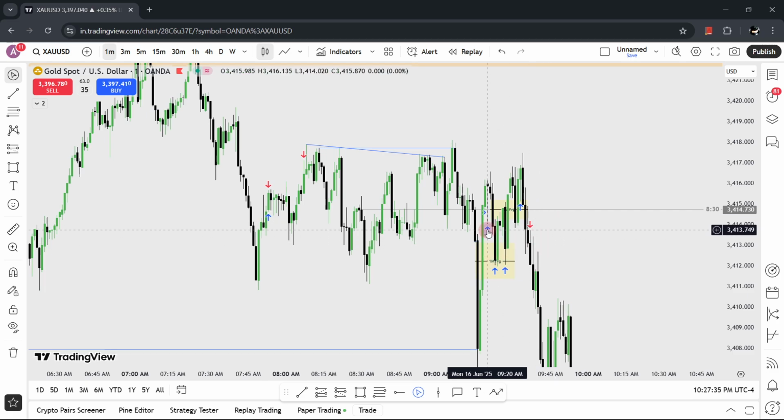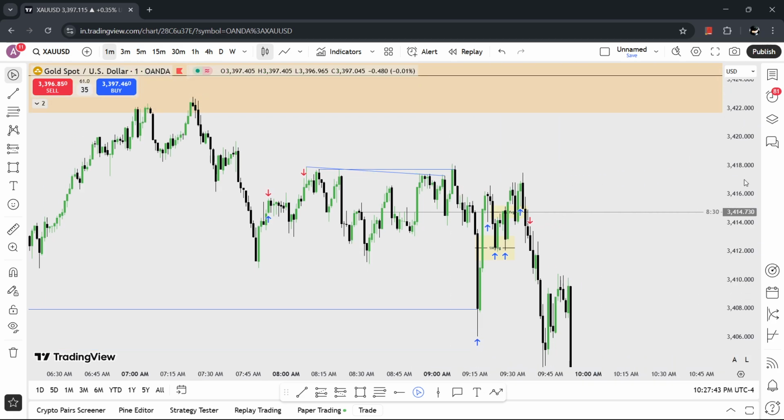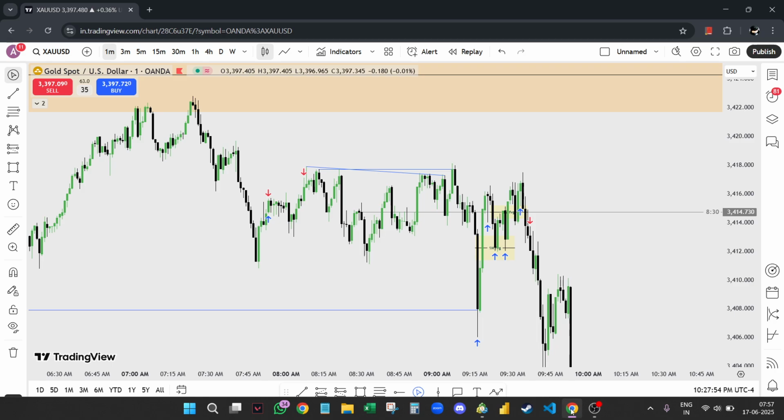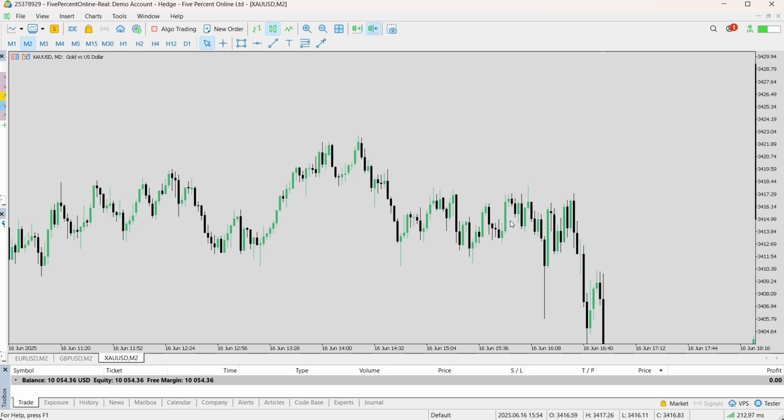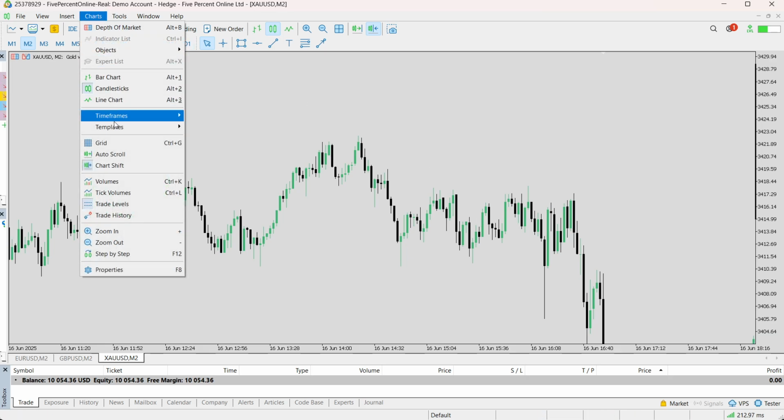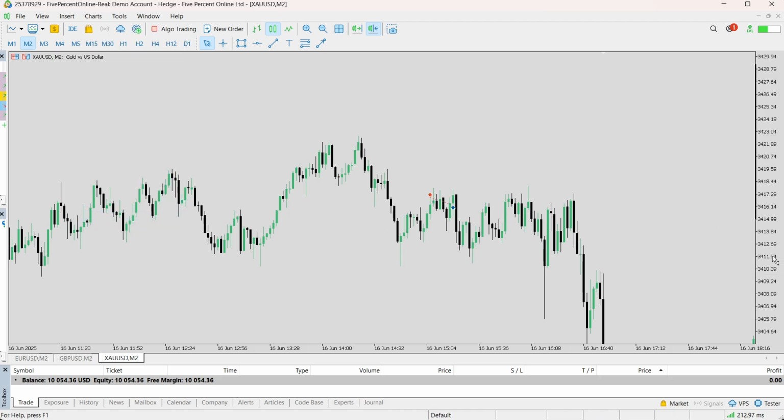I bought from here, stopped out here. That is still fine. My views were pretty much correct on gold yesterday. I went to this one, with a parallel gap, broke down. Everything was fine yesterday for me. Yesterday, due to some issues, I was not able to take the full opportunity.